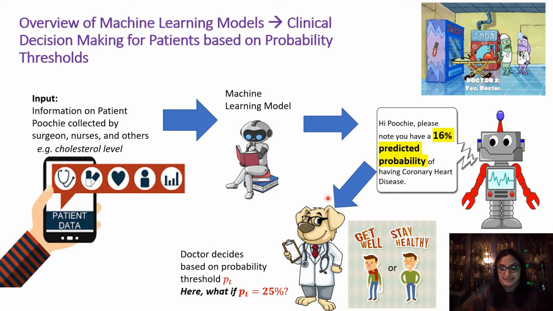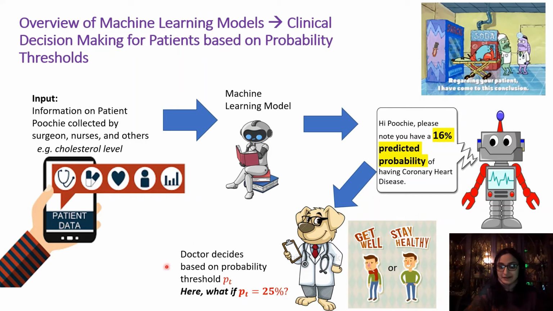So based on this, the doctor can then decide, using a probability threshold, whether Pucci should go for treatment for coronary heart disease, which is the bad outcome, or whether Pucci should just stay healthy and keep it up.